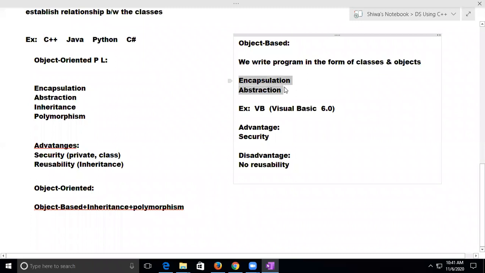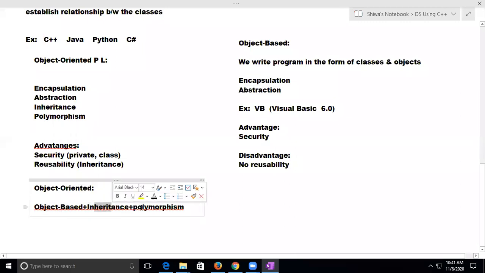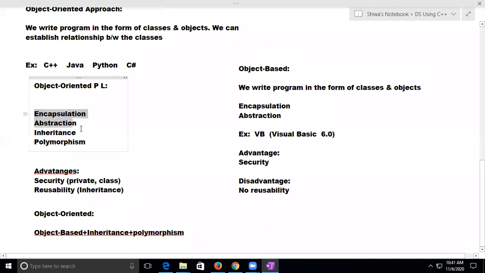Encapsulation and abstraction. The combination of encapsulation and abstraction is called object based. Object oriented means object based plus inheritance plus polymorphism. So an object oriented programming language supports four concepts: encapsulation, abstraction, inheritance, polymorphism. Object based supports only two concepts: encapsulation, abstraction.